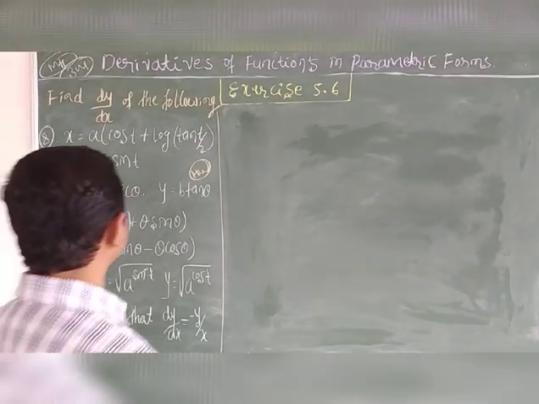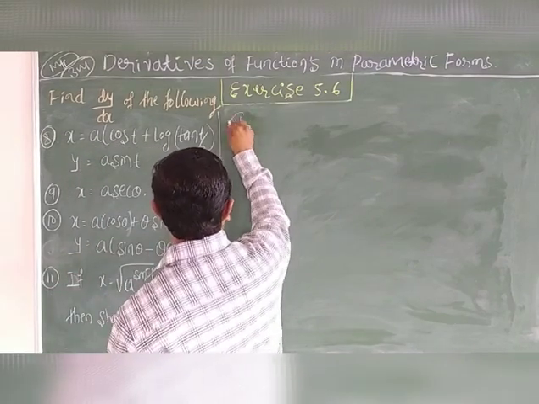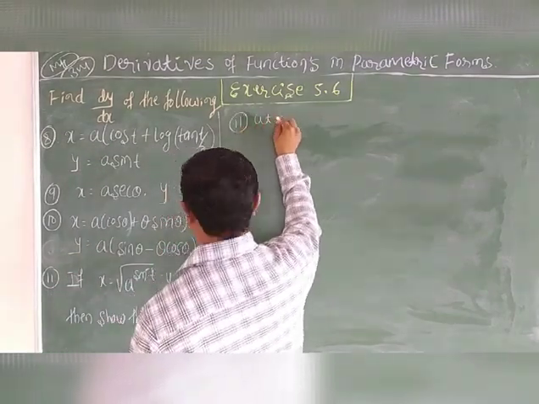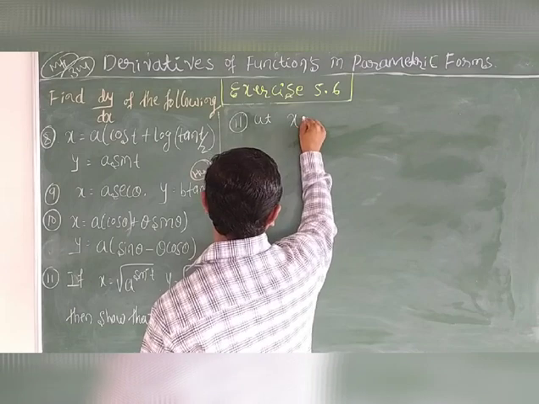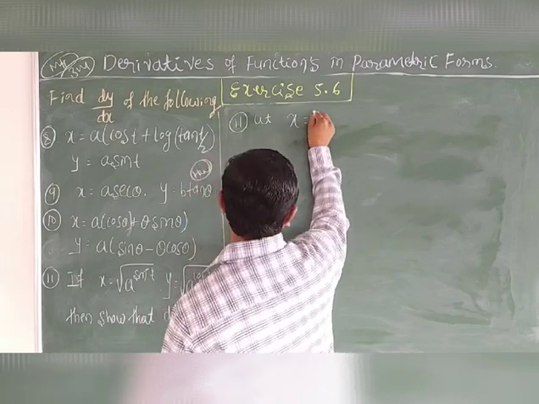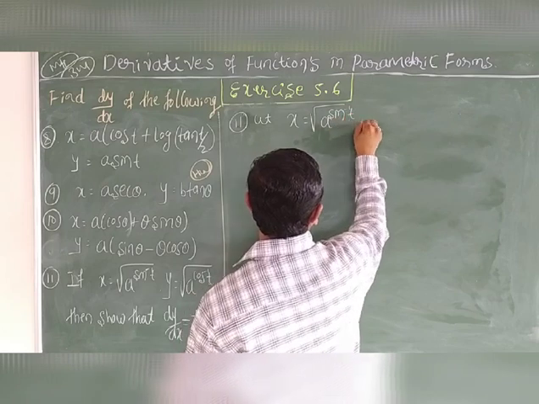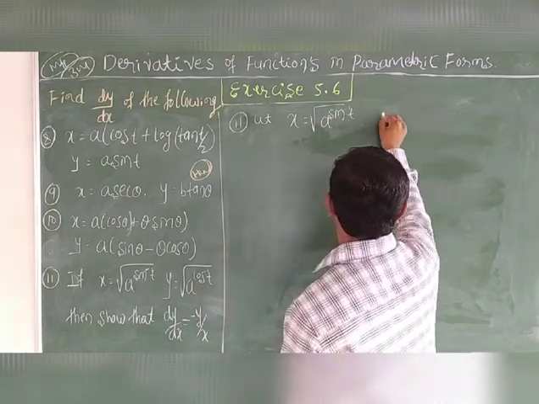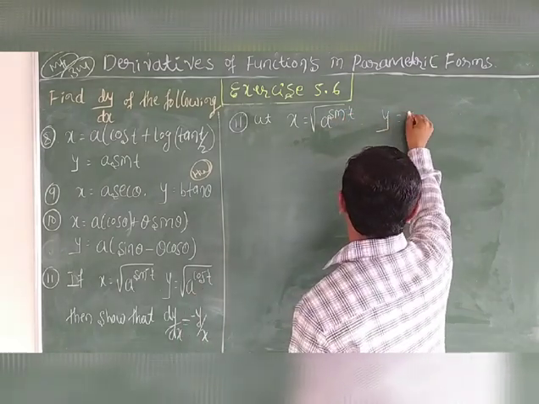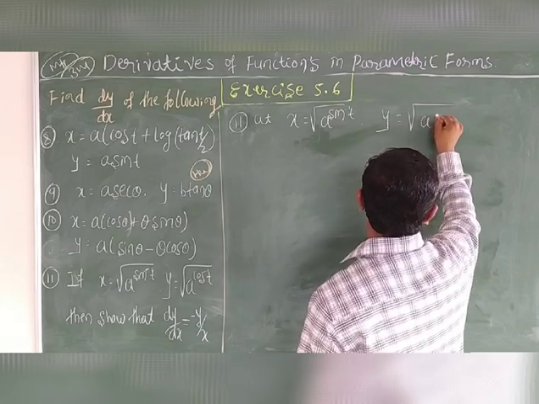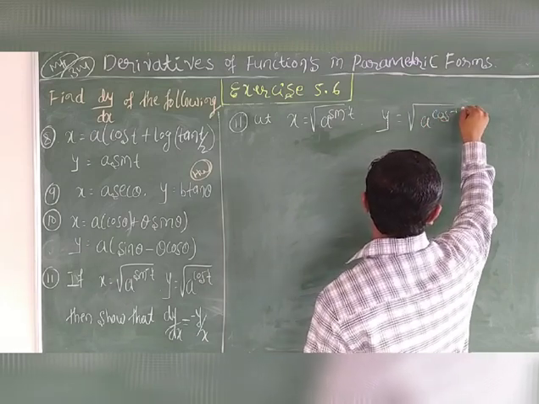So the next example is the 11th one. Let us consider x is equal to root of a raised to sin inverse t, and y is equal to root of a raised to cos inverse t.